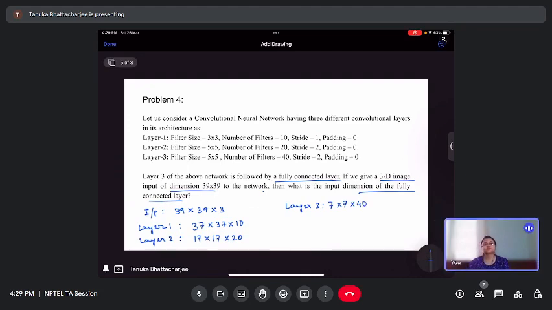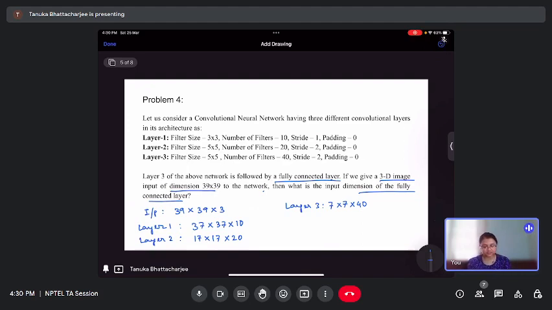So, this 7, 7, 40 matrix now has to be given as input to the fully connected layer. As I said last day, if you want to give such a matrix to a fully connected layer, all the elements of this matrix will be connected to each neuron of the layer. So, basically it is the same as flattening this matrix into a 1D array and giving it to the fully connected layer.